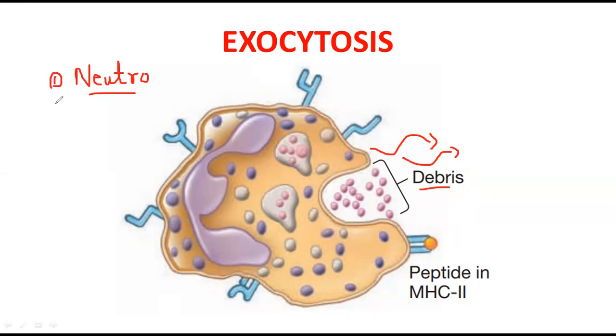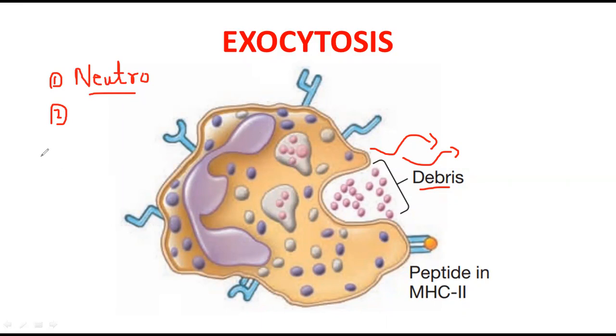And in the case of the macrophages, the B cells, and the dendritic cells, what do they do? First they destroy the microorganism, and after that, the debris of the microorganism then travels to the endoplasmic reticulum.